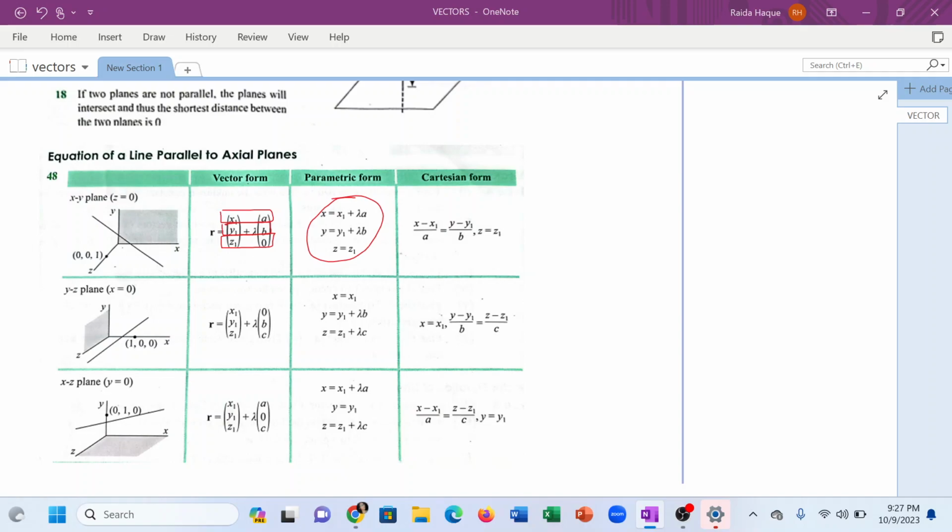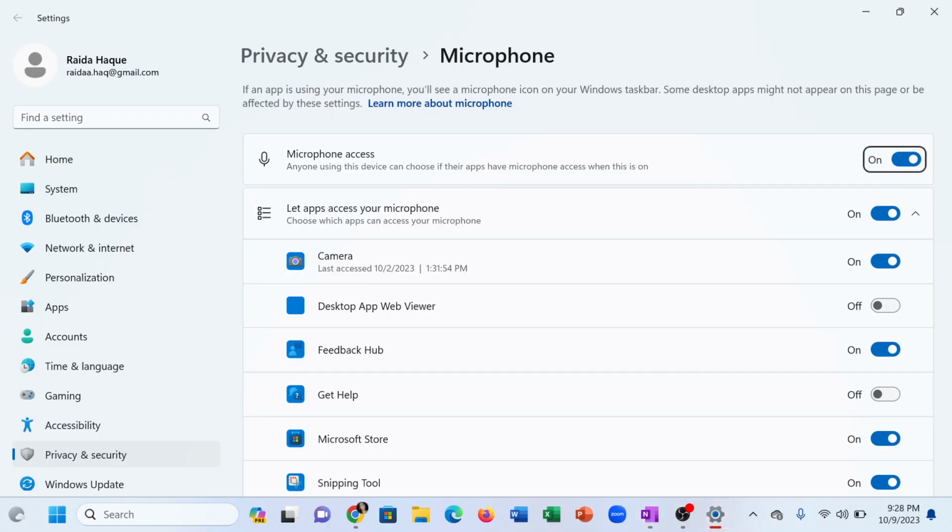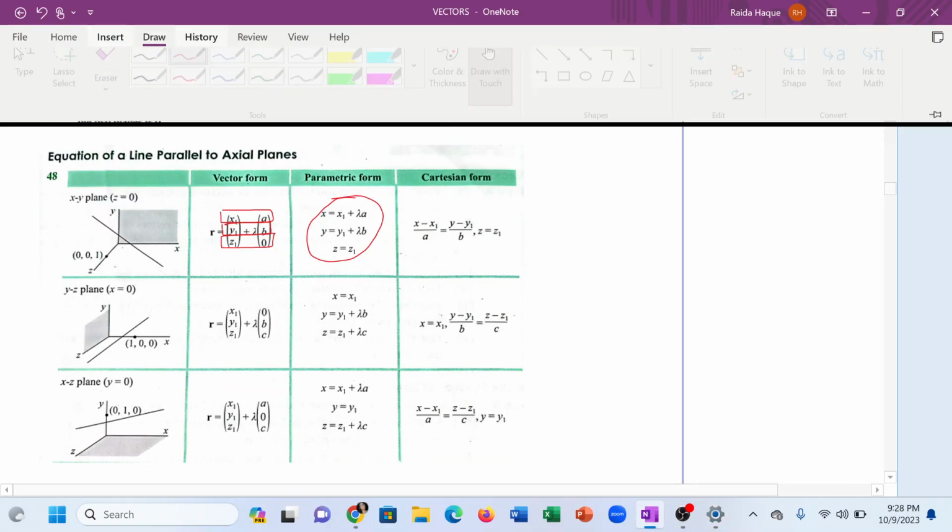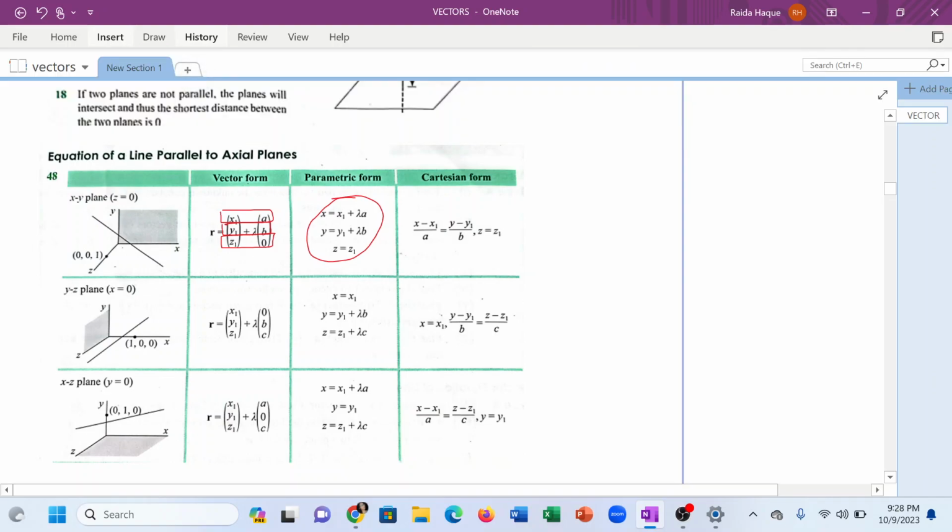So for example, here we have x equals x1 plus lambda a.